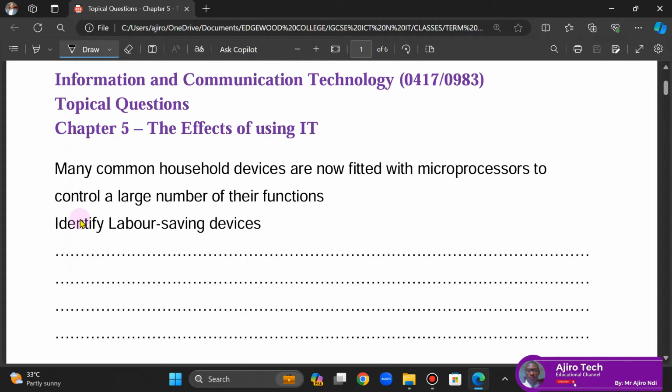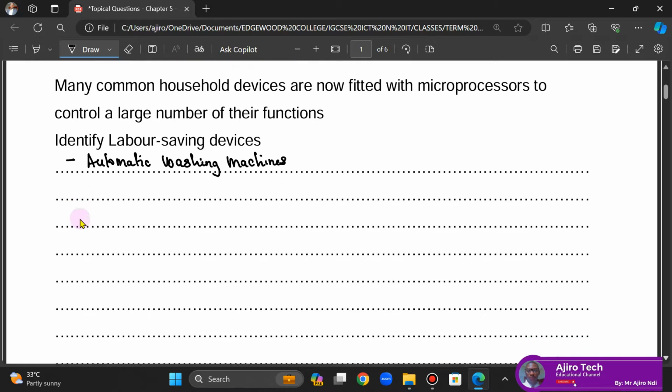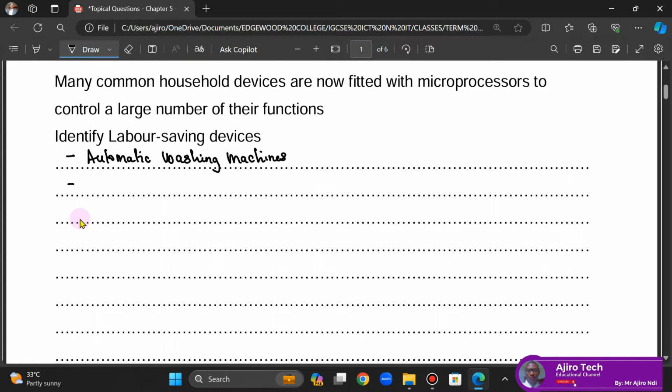So the first one I have here is automatic washing machine. The second one is the microwave ovens.